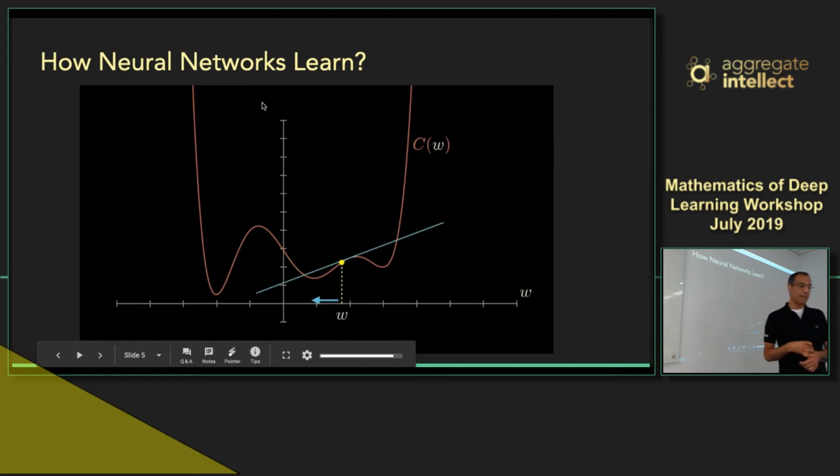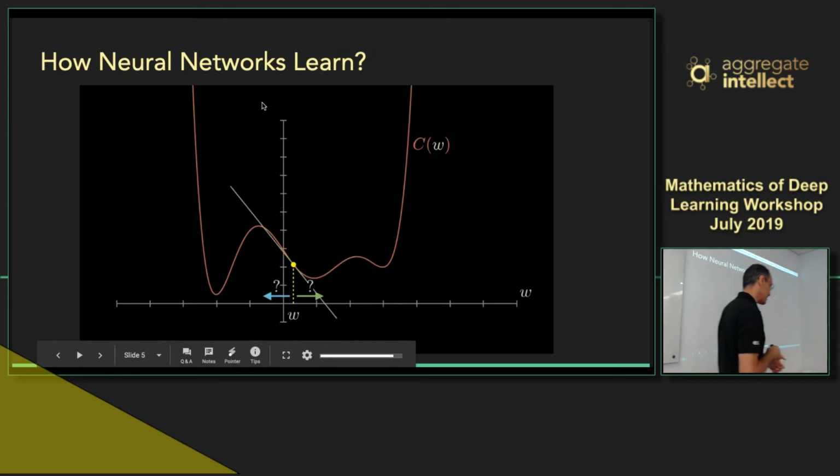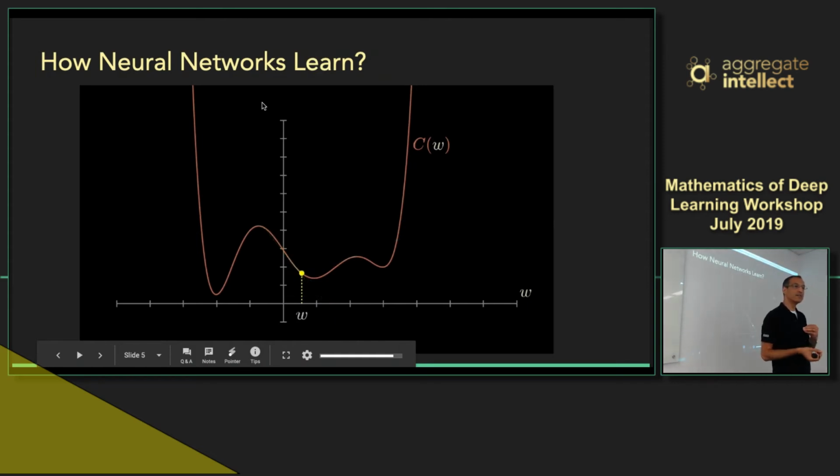Cross entropy log likelihood is what we usually use for classification.